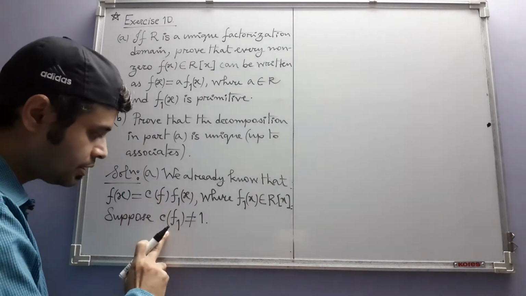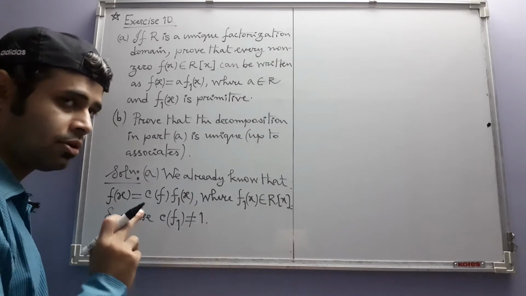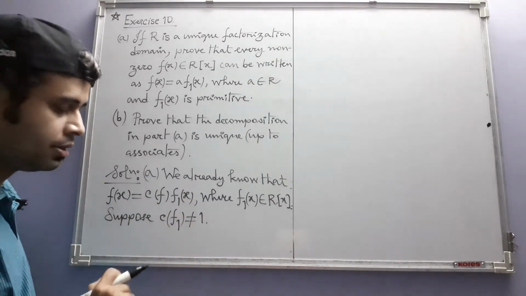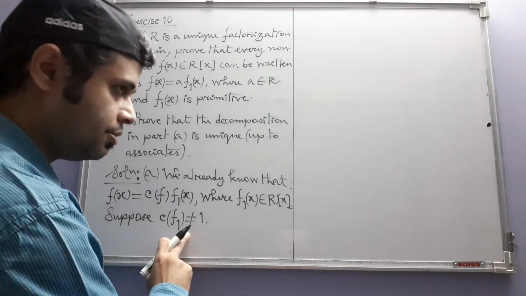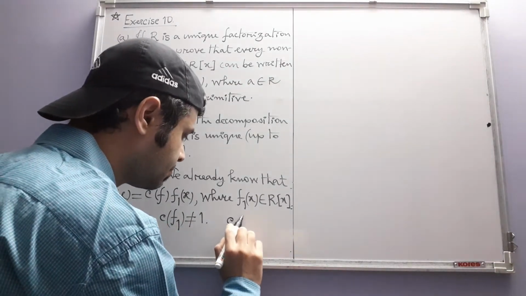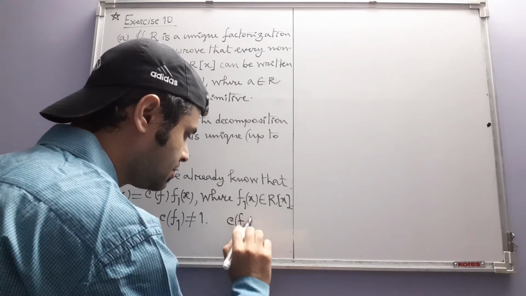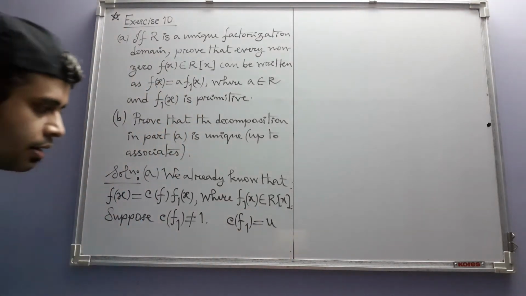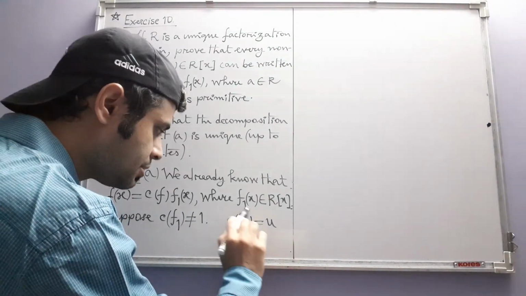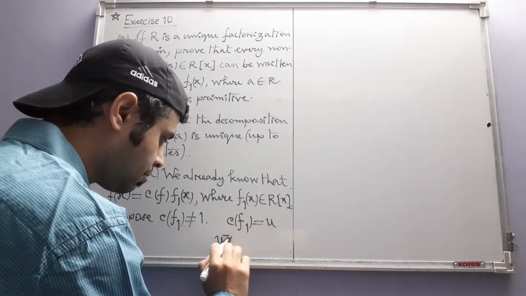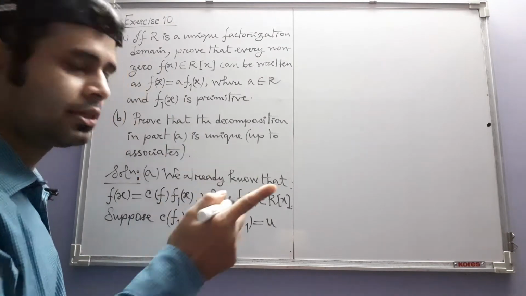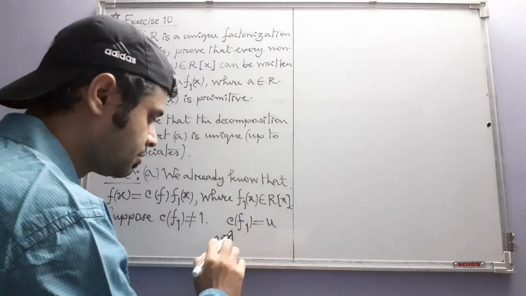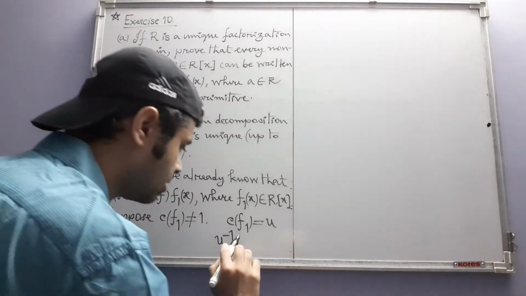So the condition that this is not equal to 1 also means that this c(f1) cannot be a unit, because had it been a unit, say if we have c(f1) equal to u, where u is a unit in R, then multiplying this GCD by u inverse, you get another GCD which is associated with this one, which also can be taken as content.